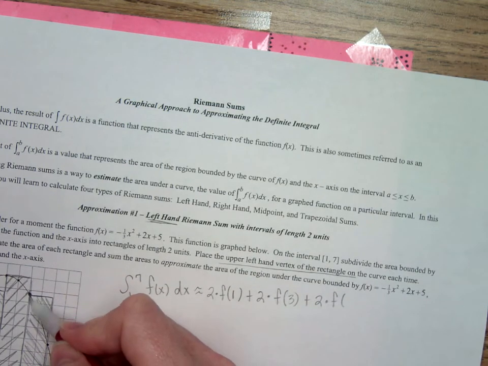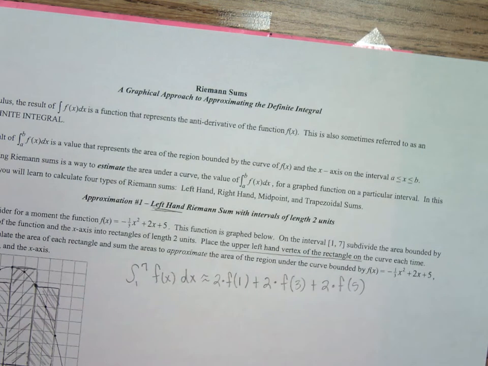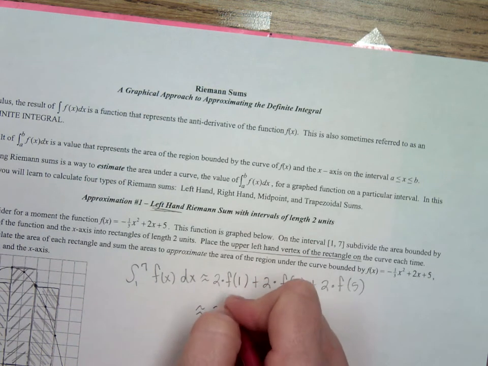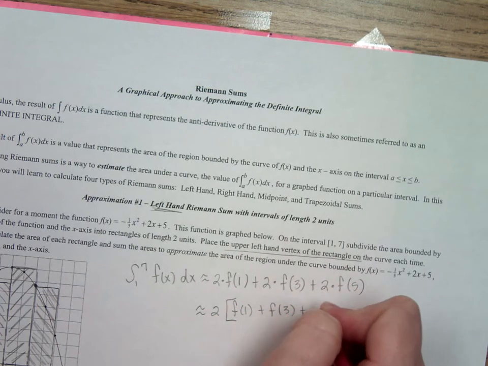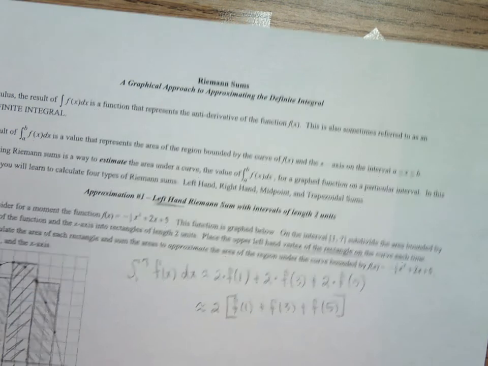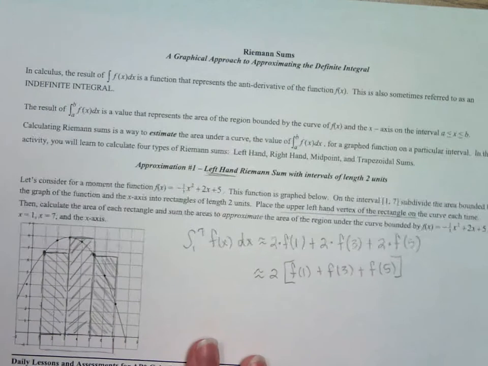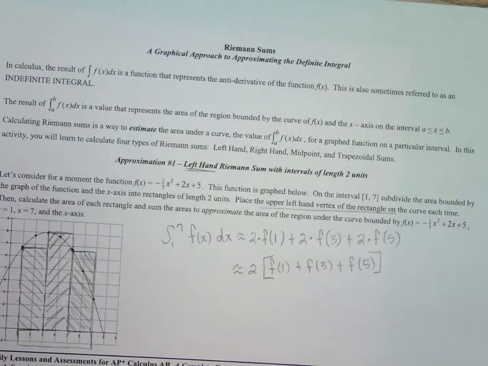Right here. So that one's f of 5. Or you could just say 2 times f of 1 plus f of 3 plus f of 5. Alright, that's math you can do. I'm going to wait while you do that math. You can do it on your calculator.